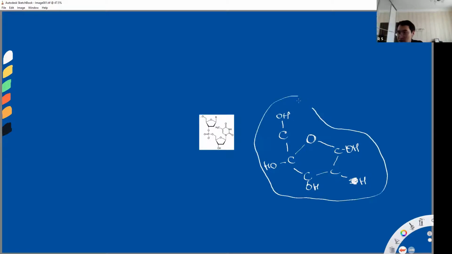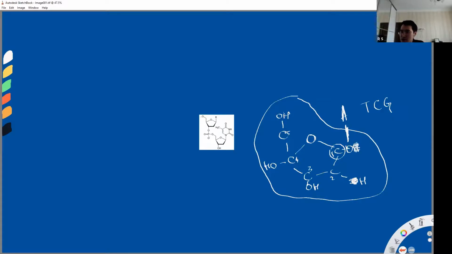If you think about it, inside the molecule of DNA, it needs to bind in position 1. So this is 1, 2, 3, 4, and 5. In position 1, it needs to bind to the nitrogenous base. So we remove this hydrogen and have, for example, adenine here, whichever: adenine, thymine, cytosine, or guanine.